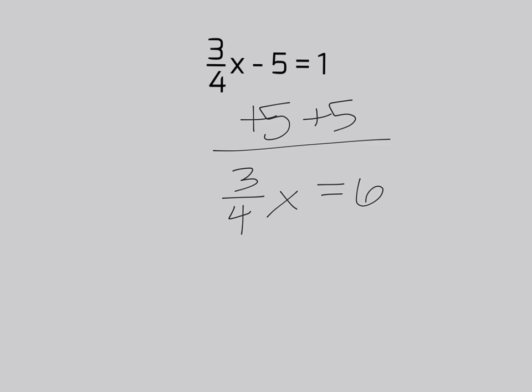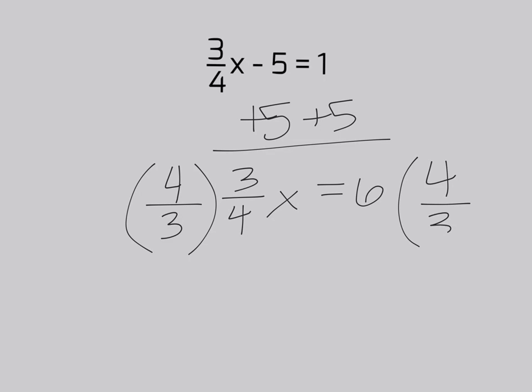Now again, this goes back to the one-step equation special case, where I have 3/4 times x, so I would want to do division. However, here, because I would be dividing by a fraction, I'm going just to skip to multiplying by the reciprocal. I should have written 3 instead of 2. 4 over 3.